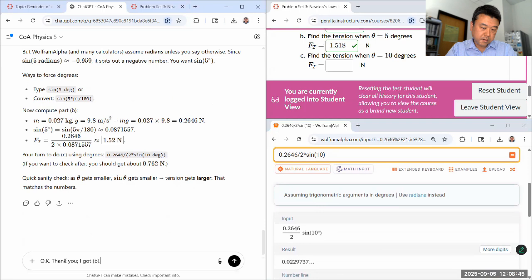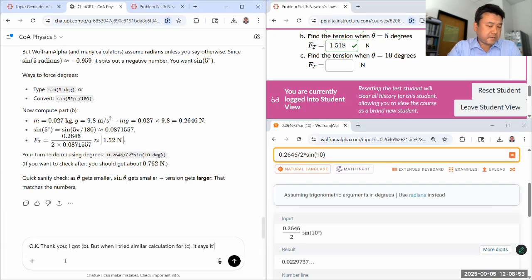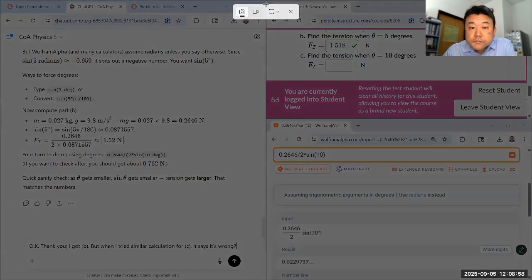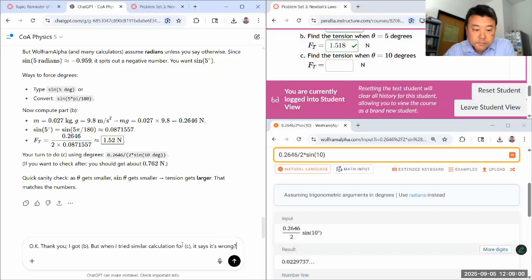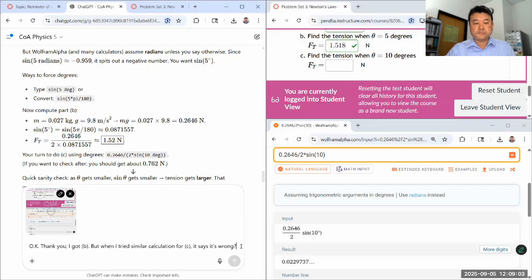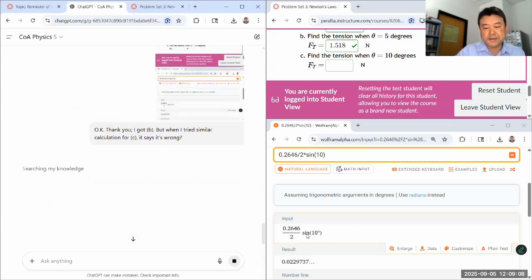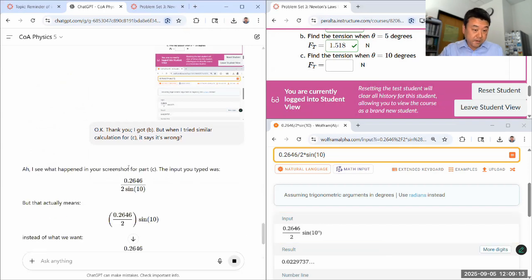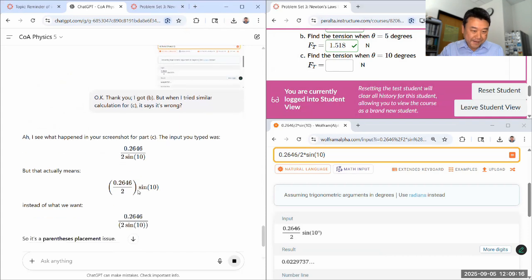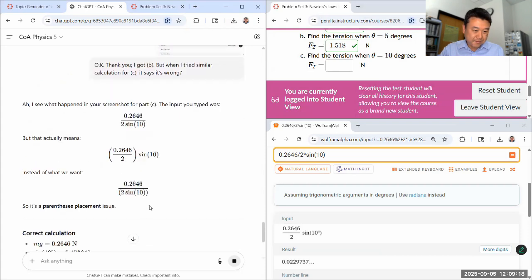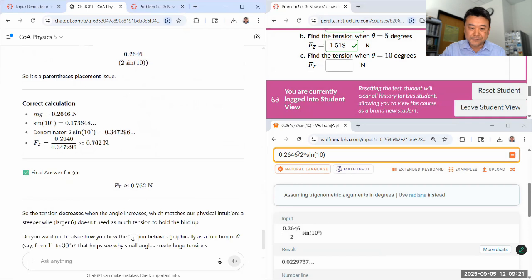Well, when I tried the similar calculation for C, it says it's wrong. It should spot from here that the sine went on the wrong side, the numerator instead of the denominator. I wonder if it'll give me the quickest. Yeah. What it actually means is this instead of the parenthesis placement. Yeah, that's it.